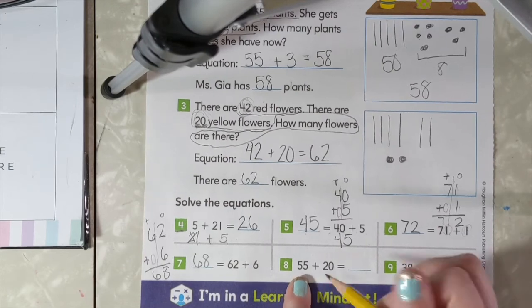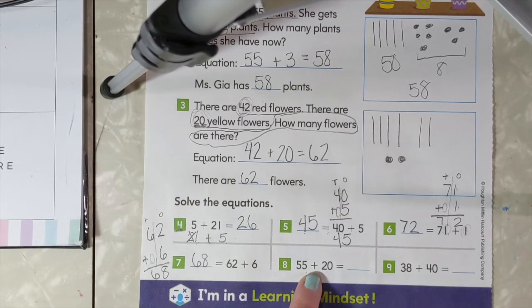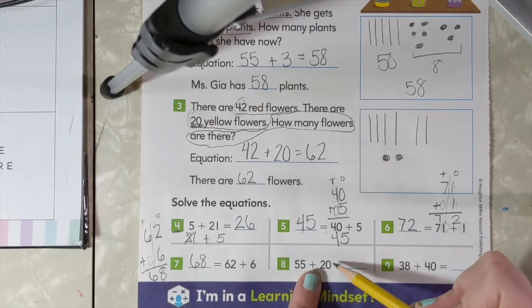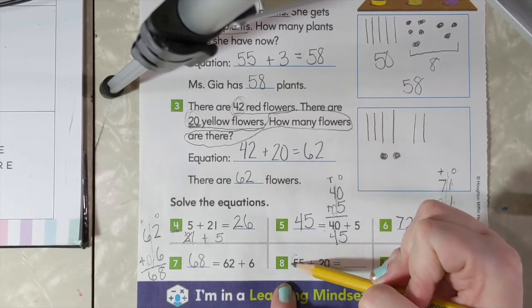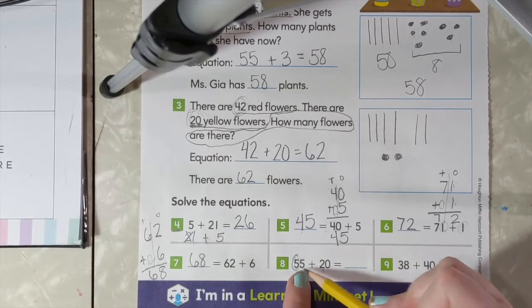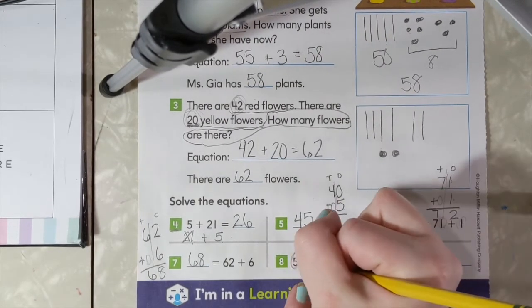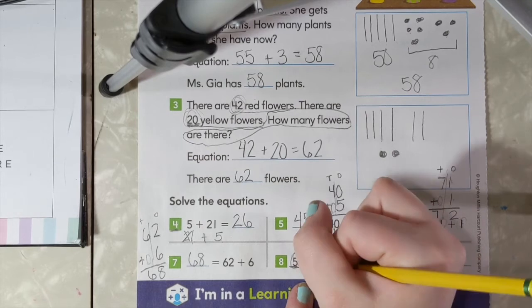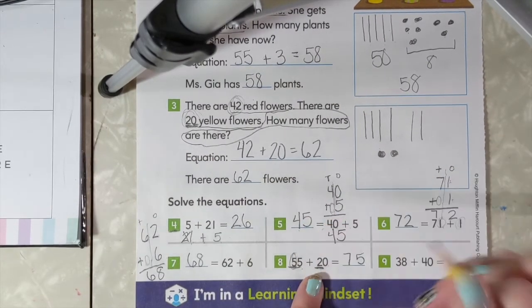Let's try this one. Our first number is 55, and we're adding 20. So the only number that's going to change is the number in the 10s spot, right? Because we know that 5 plus 0 is 5. Then we can look at our 10s. 5 plus 2 equals 7.